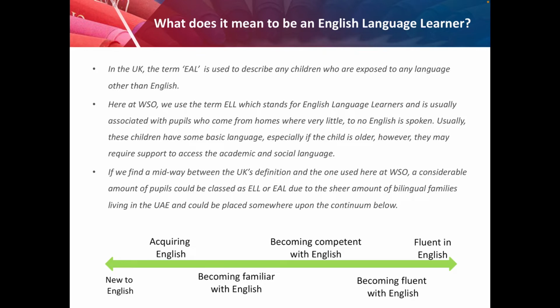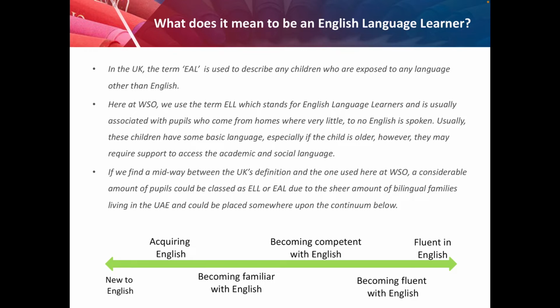If we were to try and find a midway point between what the UK defines as a child learning English and what we use here at WSO and here in the UAE, we'd consider lots of our pupils at WSO to be an EAL or an ELL child, as we have so many bilingual families living in the UAE. They could be placed upon the continuum below.